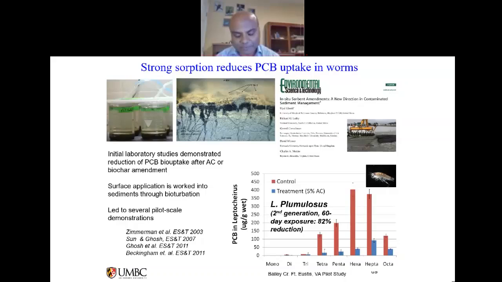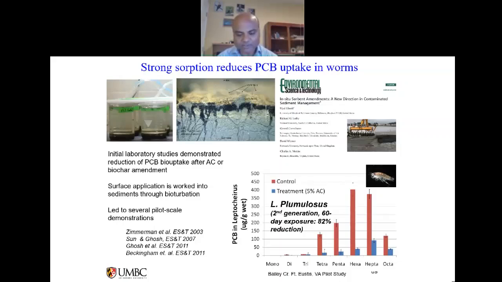Now the question is, can we add black carbon to these sediments, either biochar or activated carbon, which is tailored to have strong sorption capacity for these chemicals, to basically outcompete the organisms in these sediments for these toxic chemicals.